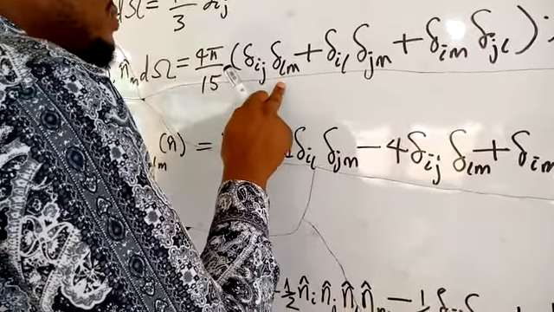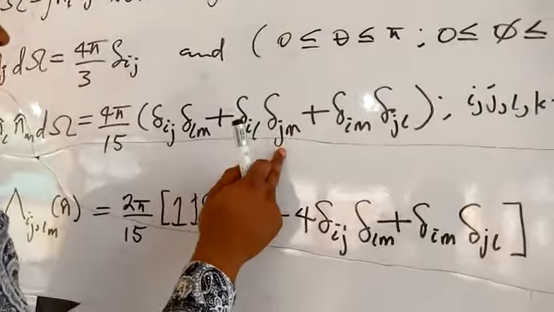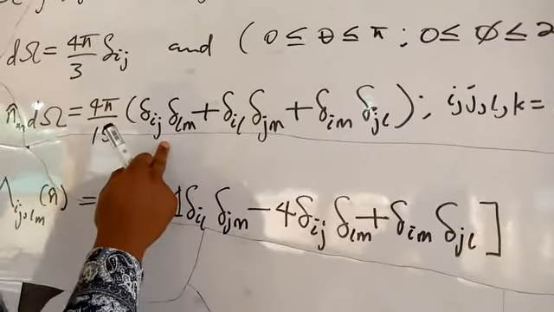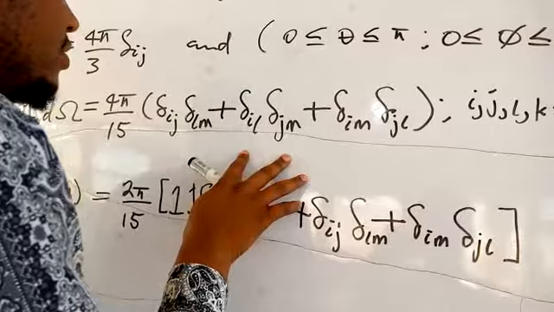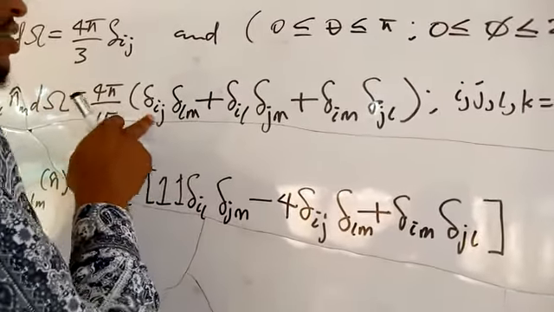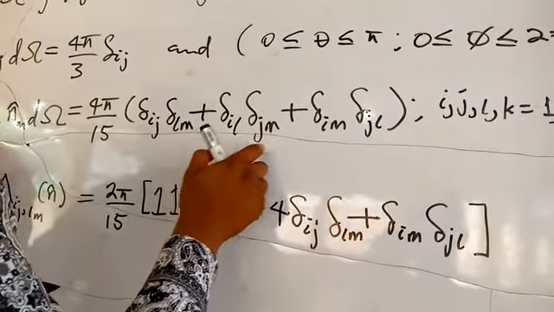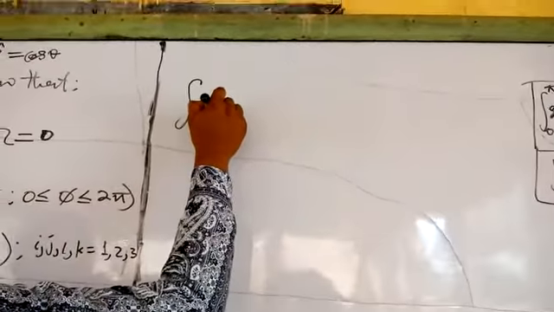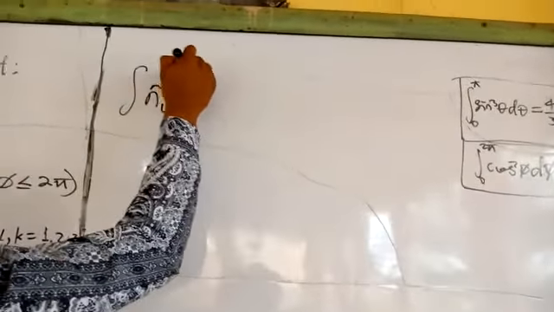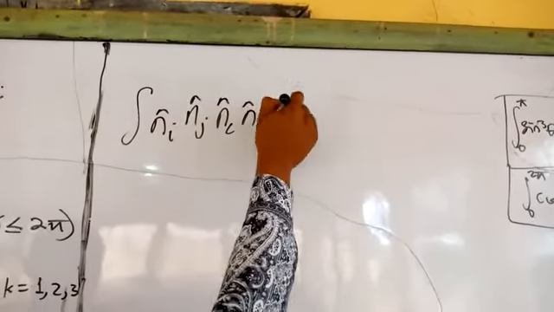If I said i is equal to m, iota is equal to m, then of course this is 0, because what I said was m equal to iota. Or I could choose this one and say, okay, well, i is equal to iota. Then it means this is 0 because i is not equal to j. What I chose was this. So in other words, in order to evaluate this, for instance, this is n_i, n_j, n_iota, n_m, d omega.